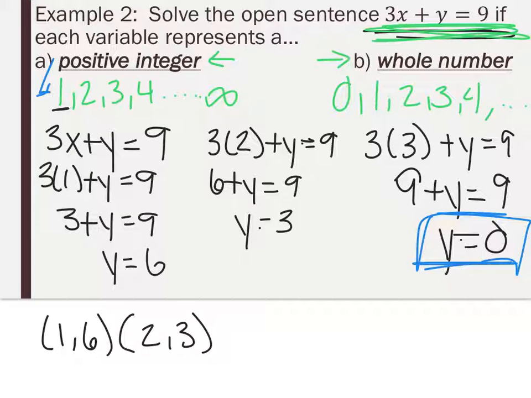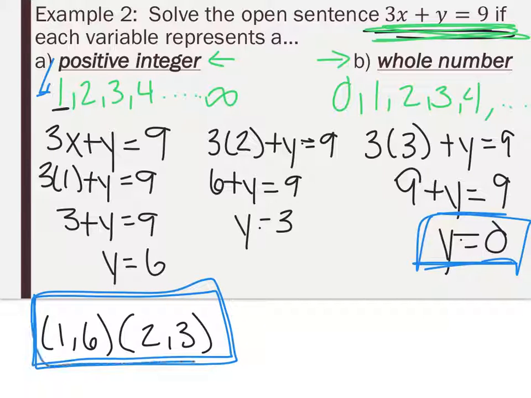However, I just solved this equation and got 0. That means the answers, when you're only including positive integers, are only these two. There's only 2 answers when it asks for the positive integers, because when I plugged 3 into this equation, I did not get out a positive integer.